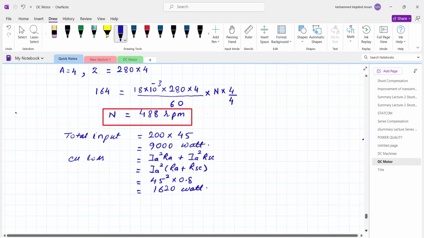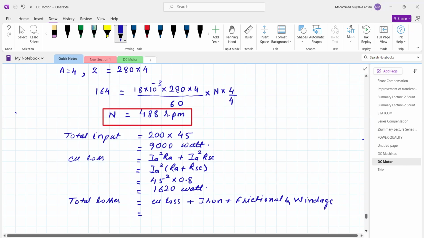Now total losses. Total losses is equal to Cu loss plus iron loss plus rotational loss, or frictional and windage loss.